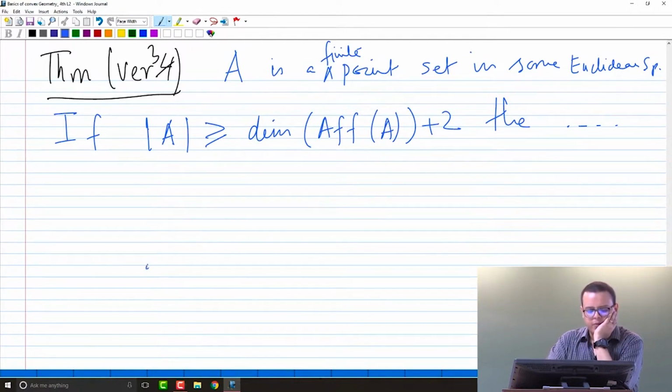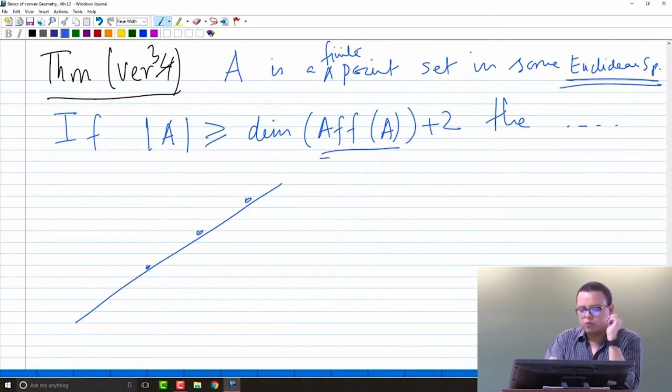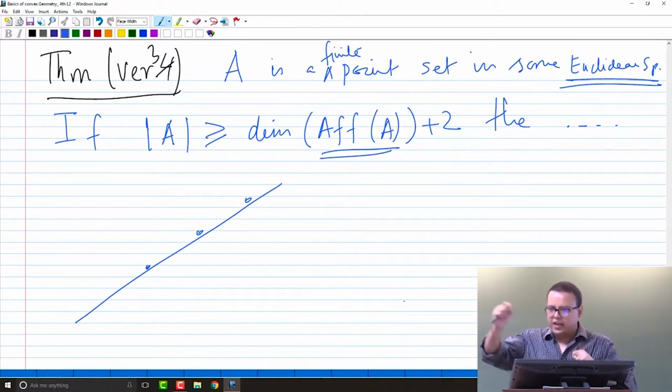When you take 3 points on a line, the affine space is R1. So, you should apply Radon theorem for R1. You can forget about which dimension the point set is lying in. You only care about the affine dimension, which is the intrinsic linear dimension of the point set. A line, when we say 1-flat, lies in R3.